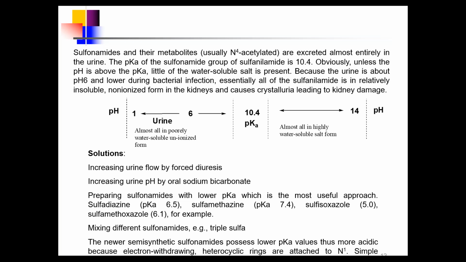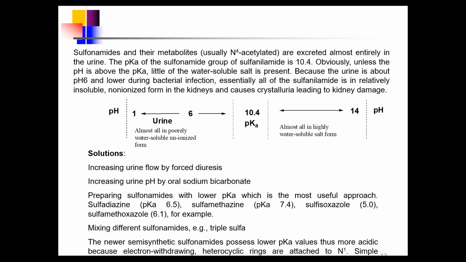Now, if the pH of the urine is not maintained at an alkaline pH, or it is lower, that is, in an acidic pH, what is going to happen is crystals of these sulfur drugs are going to get deposited in the kidneys, and further there is going to be development of kidney stones. Okay, and you know kidney stones are very dangerous.